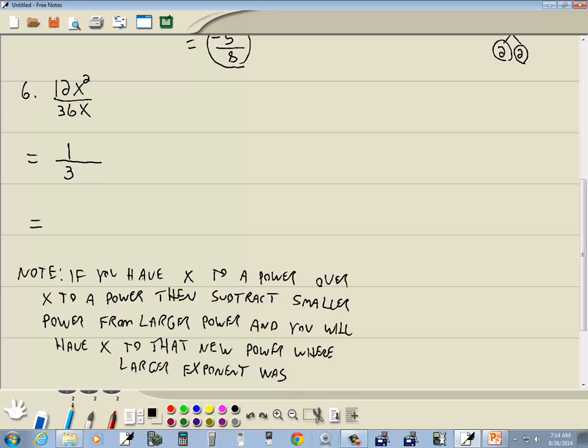Okay. So if you have x to a power over x to a power, then subtract smaller power from larger, and you'll have x to that new power where the larger exponent was.